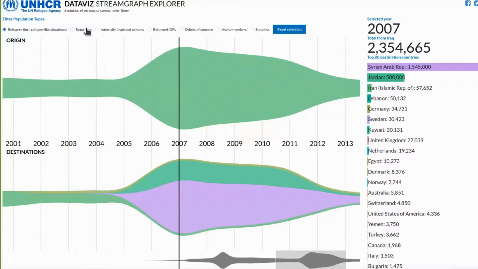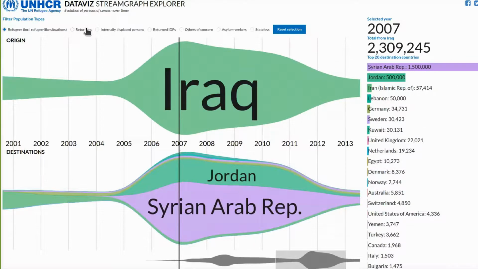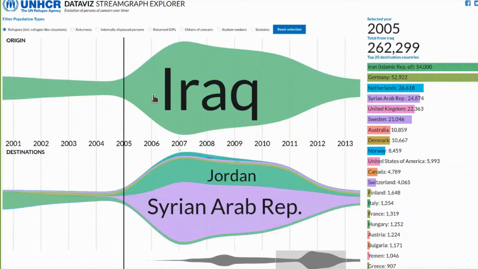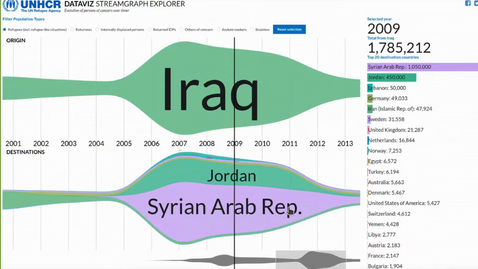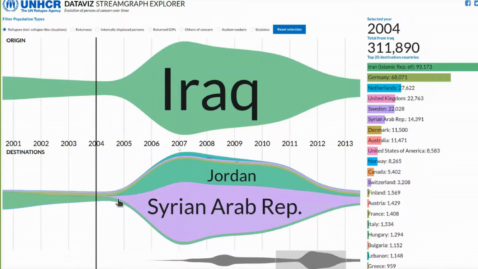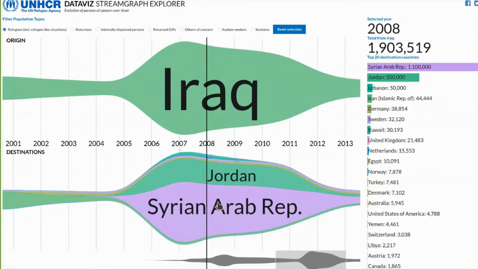If I just turn off everything except refugees, now I can say most of the refugees who left Iraq in 2007 went to Syria and Jordan. And I just love how the visualizations correspond to facts and figures that you might hear in headlines, but you could just read them right off the visualizations.